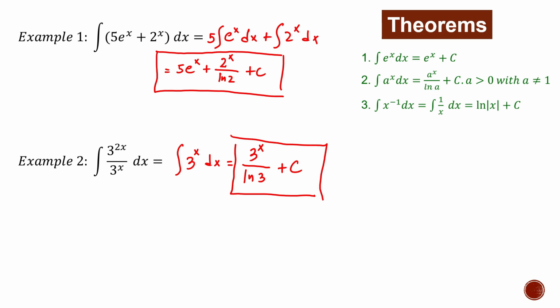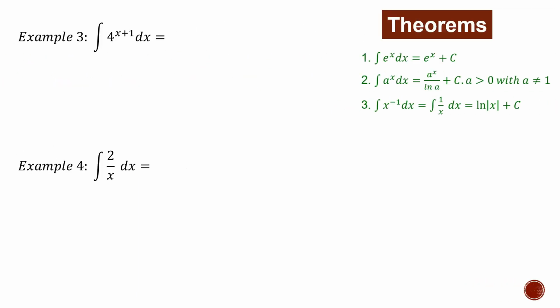All right, let's go to the third example. Okay, so the third example, we have 4 raised to x plus 1. Now, our understanding of how to manipulate exponential terms is very important and critical.